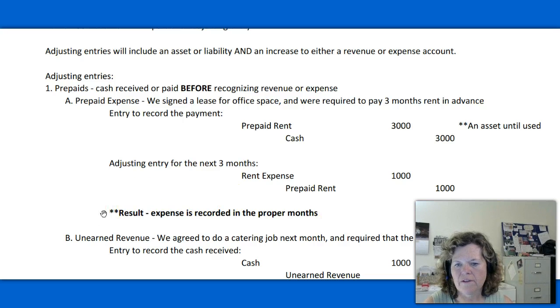The result of this adjusting entry for the next 3 months, and again, we would need to make this for the 3 subsequent months. At the end of the 3-month period, expense has been recorded in the proper months. That's what we're trying to end up with. We're trying to honor the matching principle and record the expense in the proper periods.